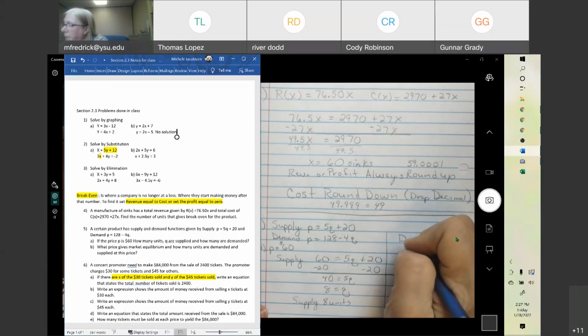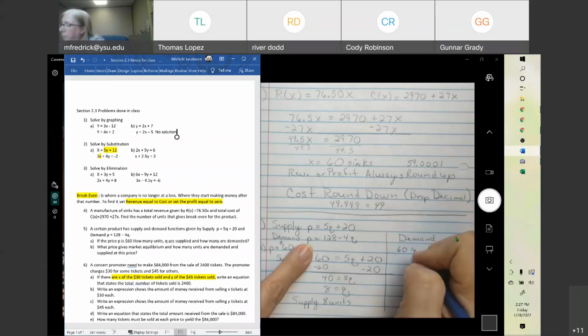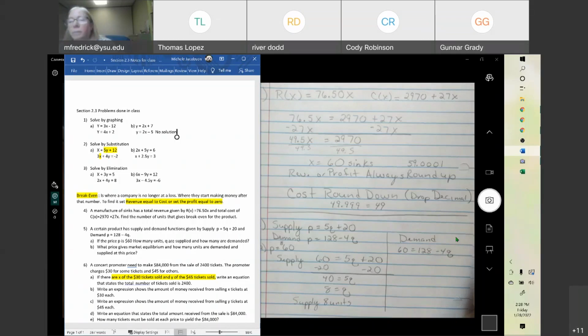If we find the demand, plugging in again 60 for P, subtract the 120, 128.